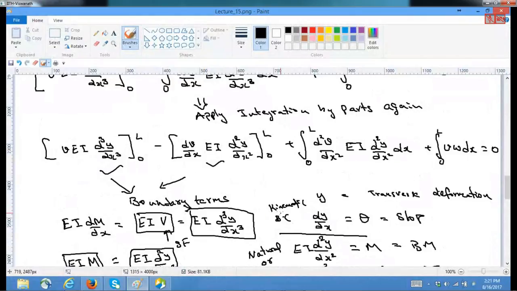Because in this you will only see the presence of natural boundary conditions, because if this is mentioned, this can stay as it is, not a problem. Similarly, when V is mentioned, which is nothing but shear force, this can stay as it is. However, if you mention kinematic boundary conditions which nowhere appear in this equation, you want those terms to vanish.